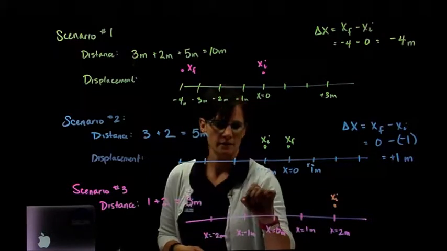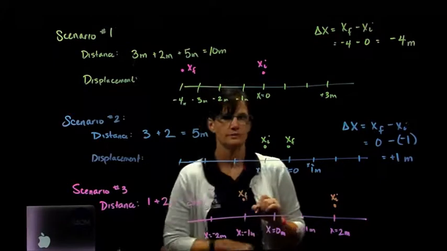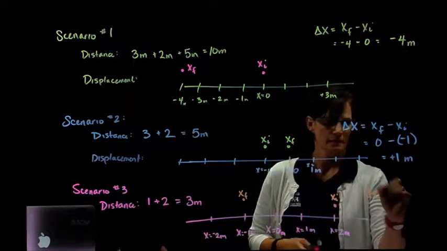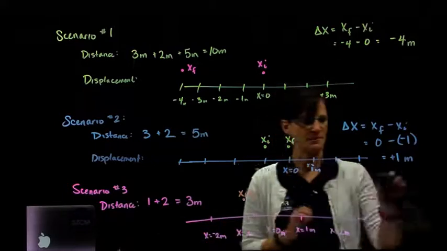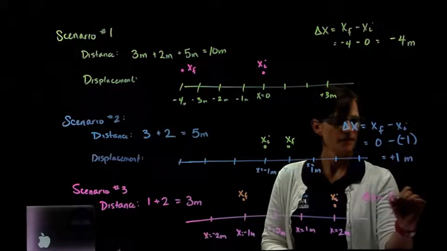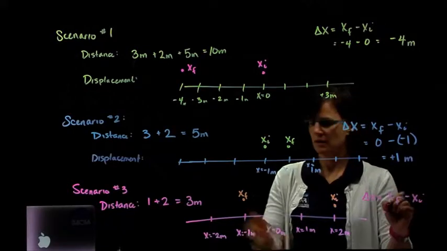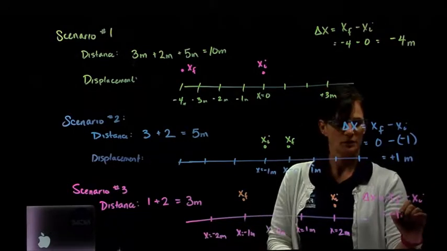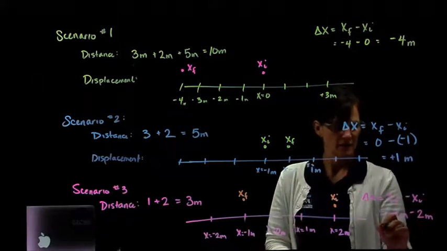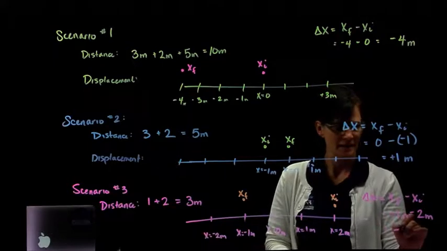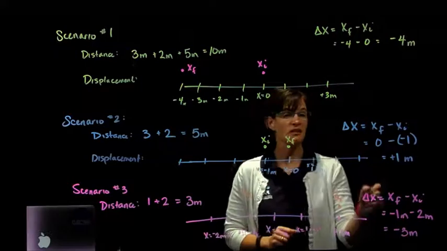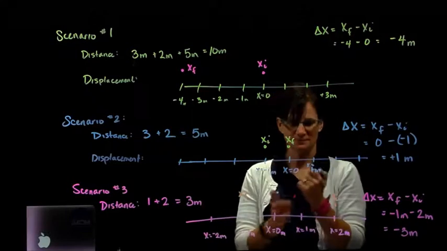So I end up at this location. My displacement is equal to my final position minus my initial position. My final position, I'm at -1 meter. My initial position, I'm at 2 meters. And so my displacement is minus 3 meters, 3 meters to the left of where I started.